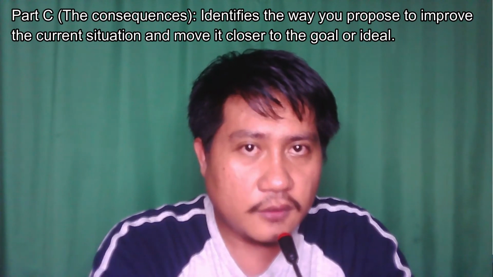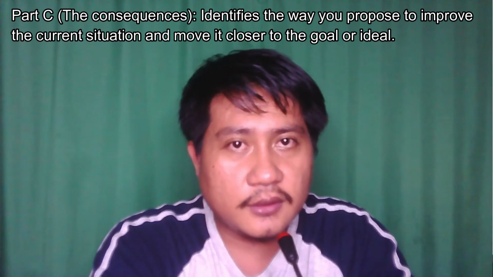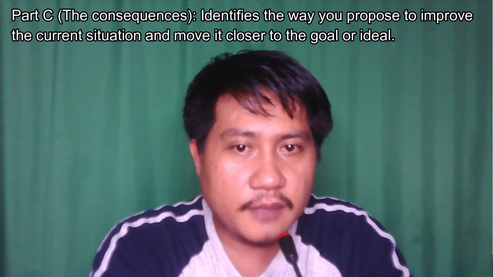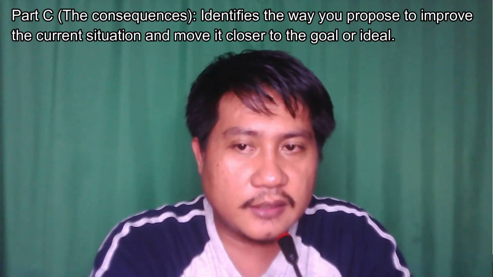So the goal or the ideal part is in the first paragraph. Your second paragraph is identifying the problems that hinder the goal from happening or from becoming a reality.